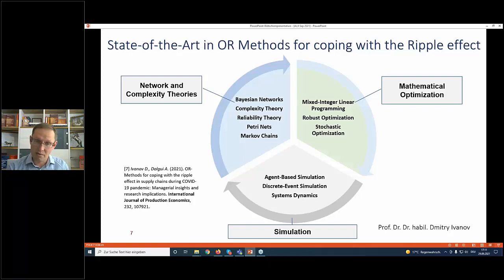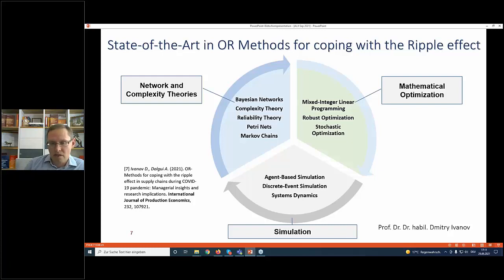If you look at network theory, methods such as Bayesian networks, reliability theory, Petri nets, and Markov chains are usually used. Mathematical optimization usually looks at location allocation problems and solutions to this problem using mixed integer linear programming.